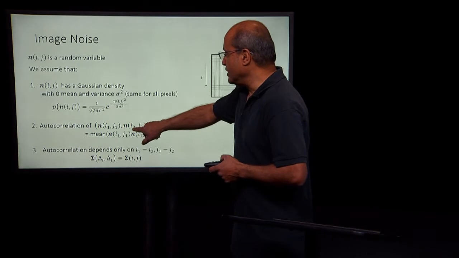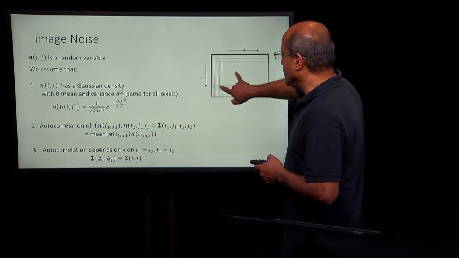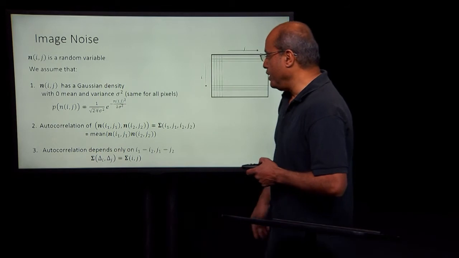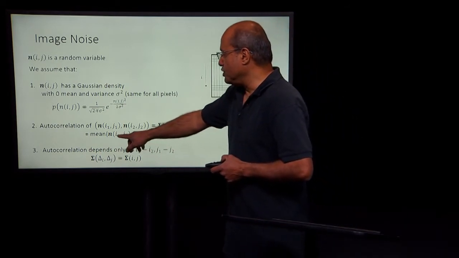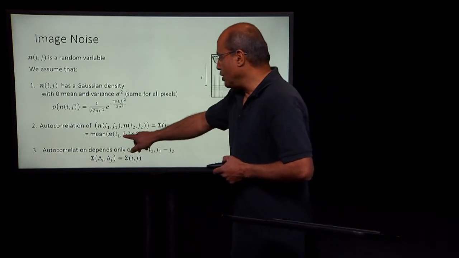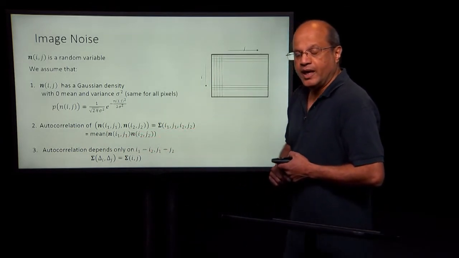The second pixel is at I2, J2, so somewhere out here. And we simply measure the correlation between those 2 random variables. Because these random variables we assumed are 0 mean, the correlation is just the mean, the average over all infinite samples of the noise at I1, J1 and the noise at I2, J2.